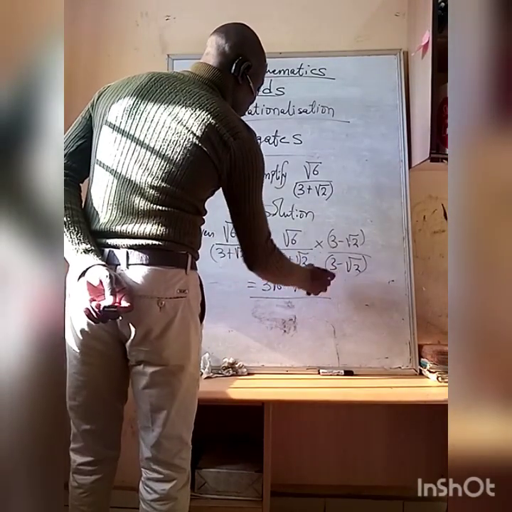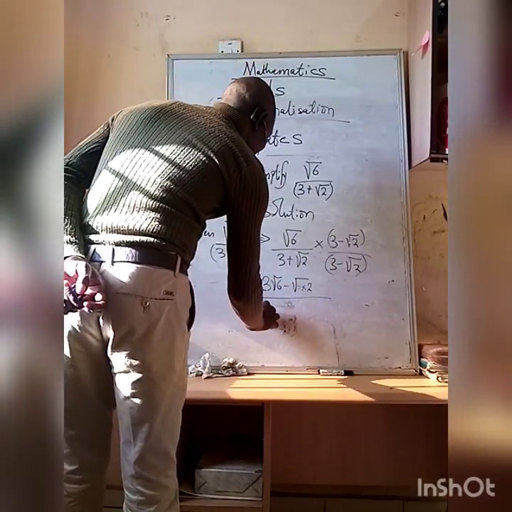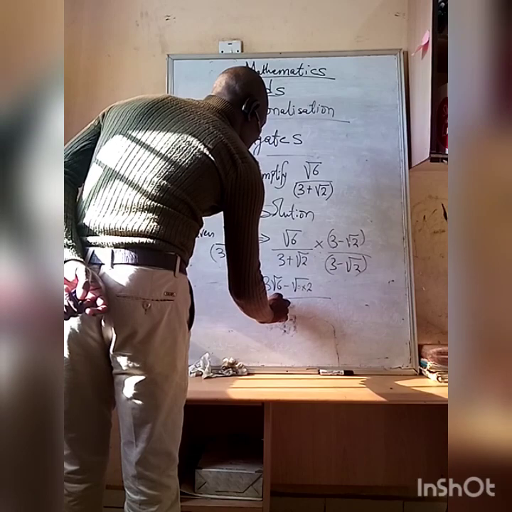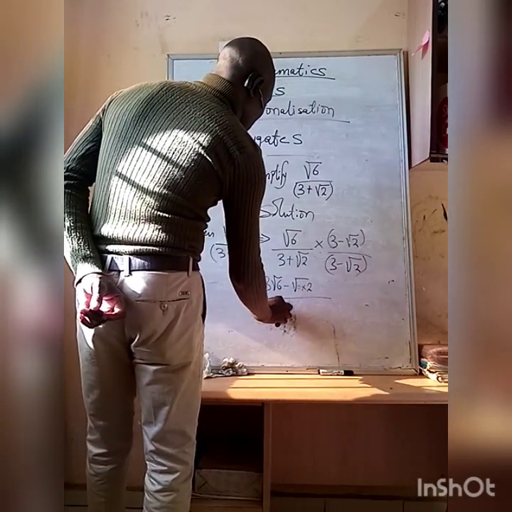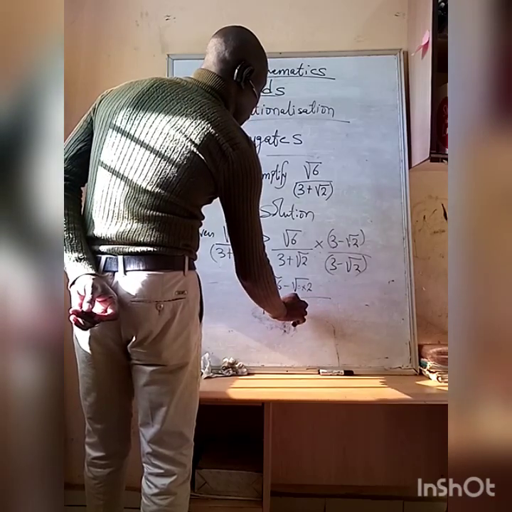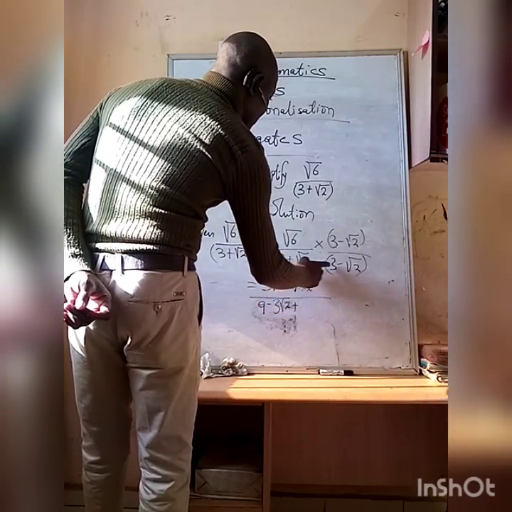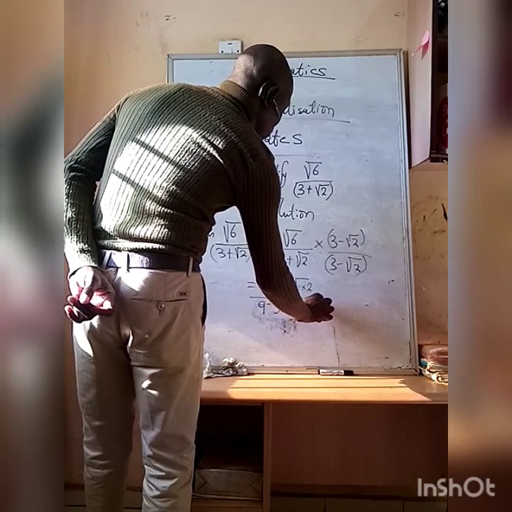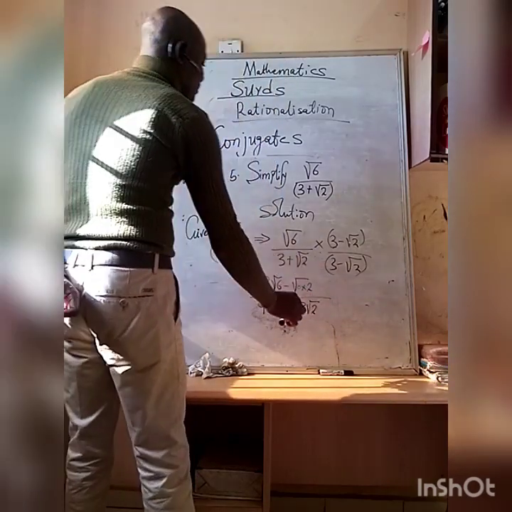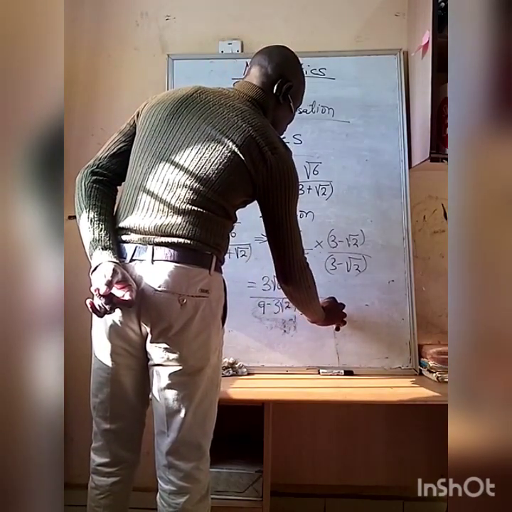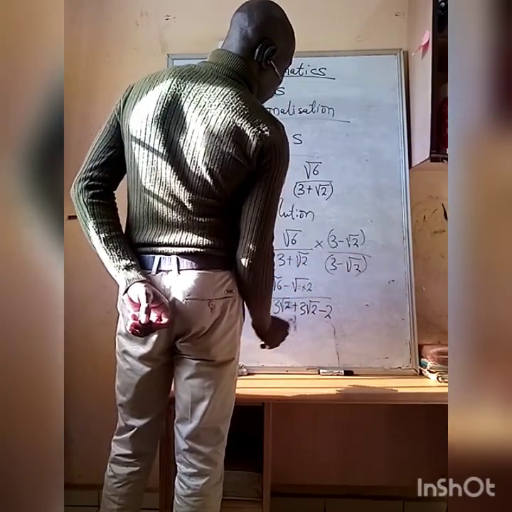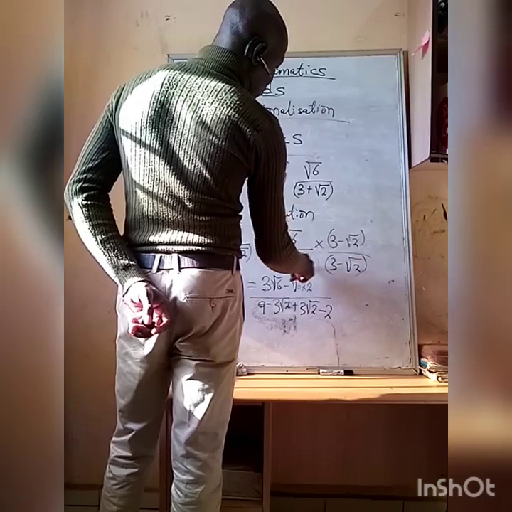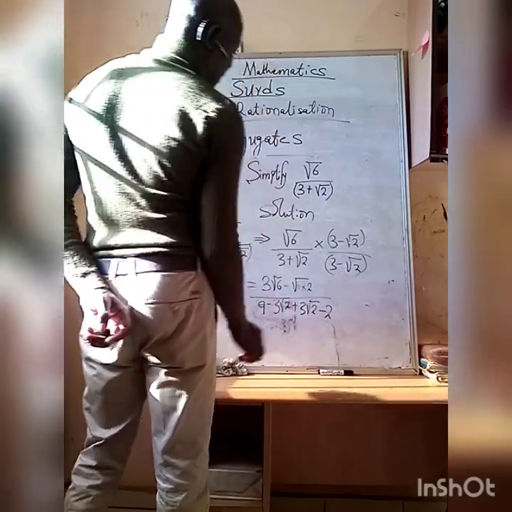Now this multiplies this to give us 9 minus 3 root 2 plus this times this 3 root 2, then minus 2, because this positive root 2 times this negative root 2 will become 2, but because of this negative, the negative will stay.